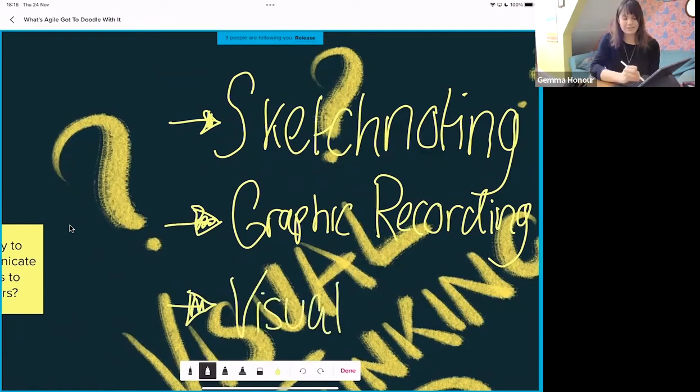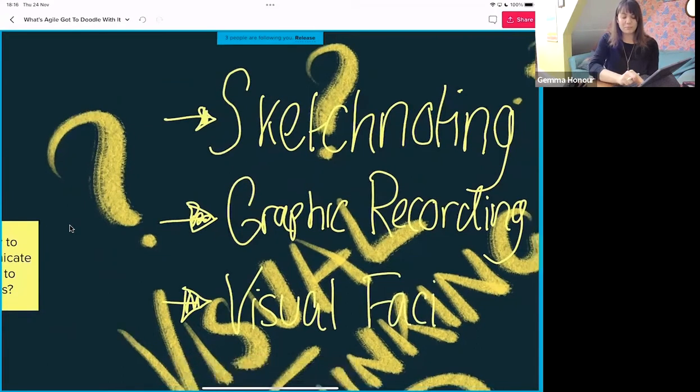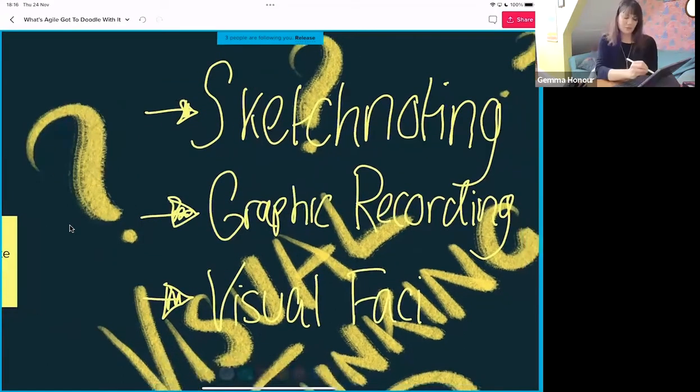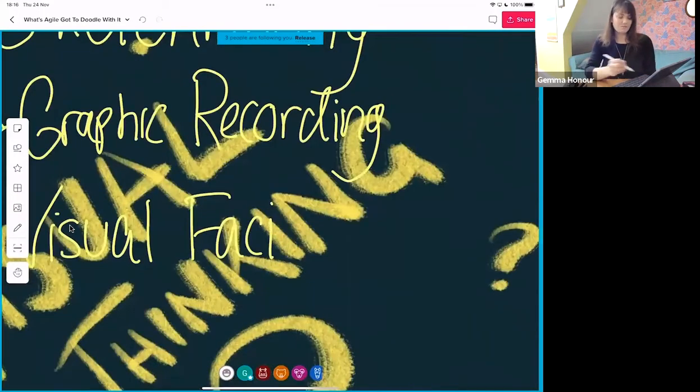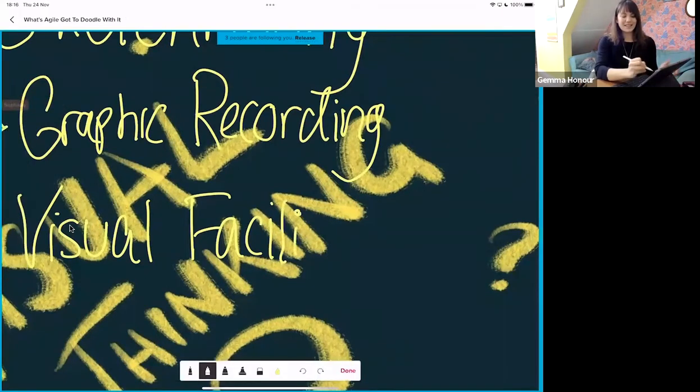Visual facilitation is, if any of you have either been to a retrospective or held a retrospective, you may have come across the idea of, say, the sailboat retrospective. It's a picture that gives you a metaphor, and then you get everybody to contribute into that picture, playing off the metaphor, and you use that as a facilitation tool.